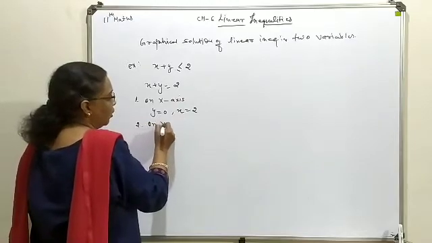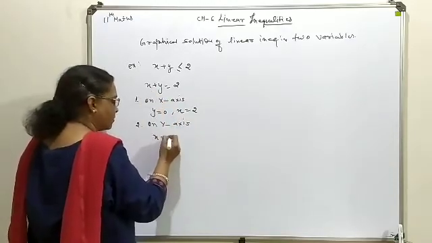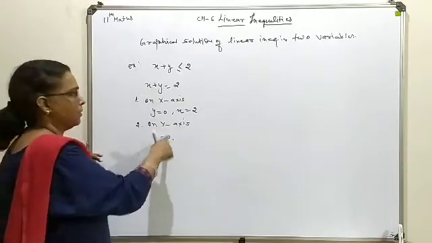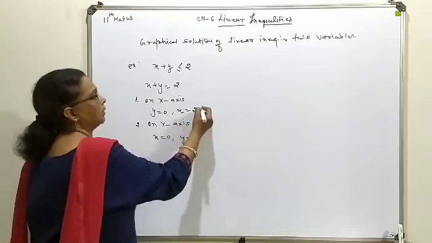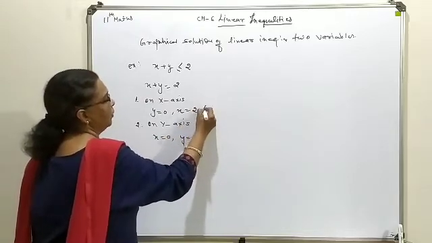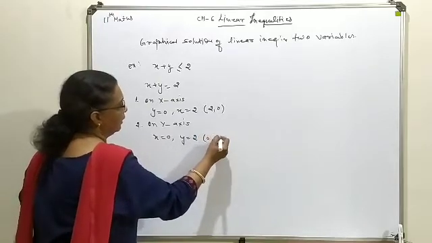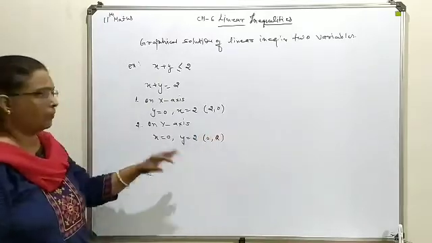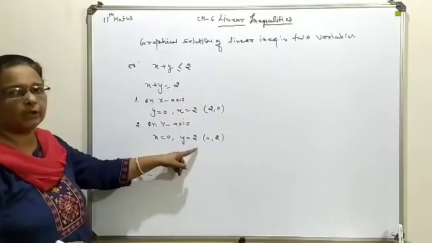Secondly, on y-axis, x is equal to 0. So obviously y will come out as 2. So here the 2 points we have evaluated. The first point is 2, 0, whereas the other point is 0, 2. This point will be available on x-axis. This point will be available on y-axis.